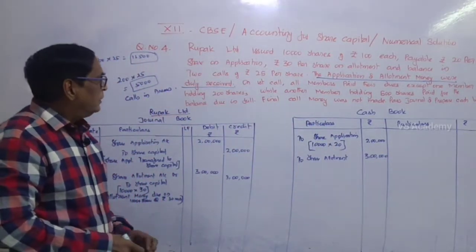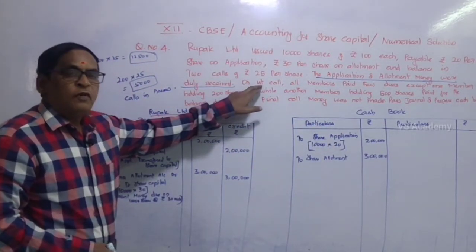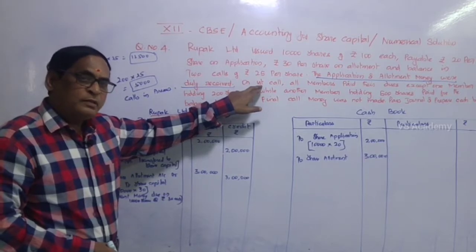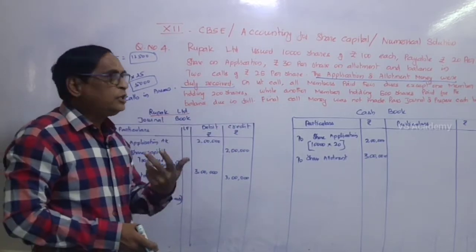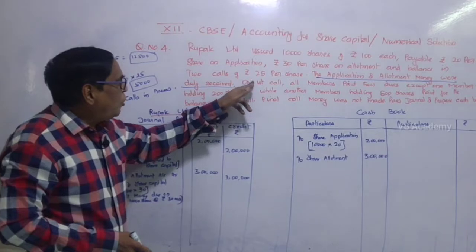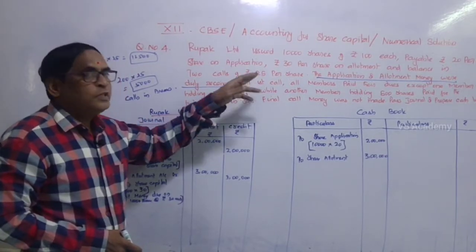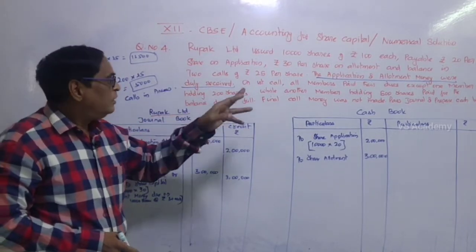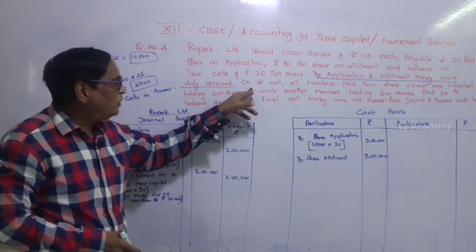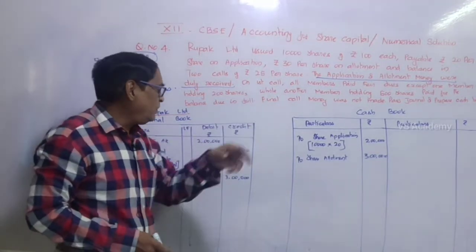And then for first call we have to pass due entry. What is the due entry? Actually the due amount is 25 rupees for first call and 25 rupees for final call. So we have to pass first call money due.